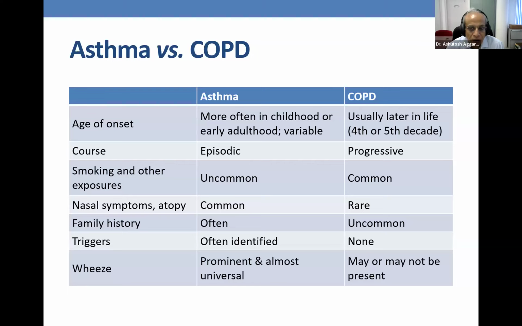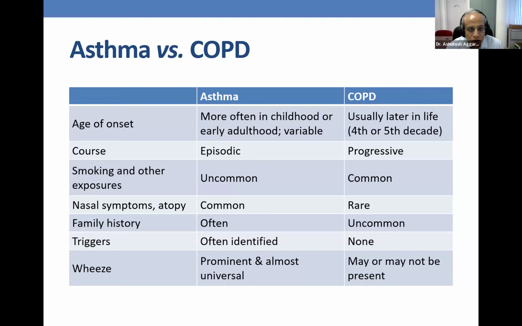So asthma, in contrast to COPD, usually presents in early adulthood or even in childhood, but the age of onset could be variable. COPD usually presents later in life, usually around the fourth or the fifth decade, or sometimes even later. So younger patients are more likely to have asthma, while older patients are more likely to have COPD.